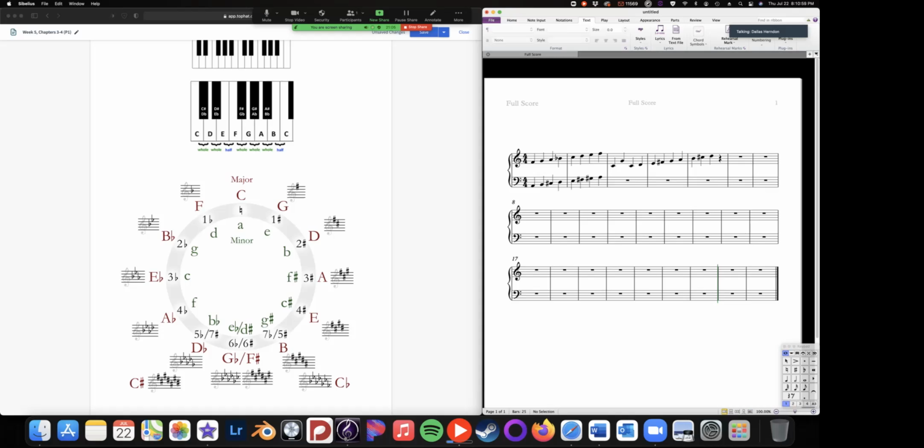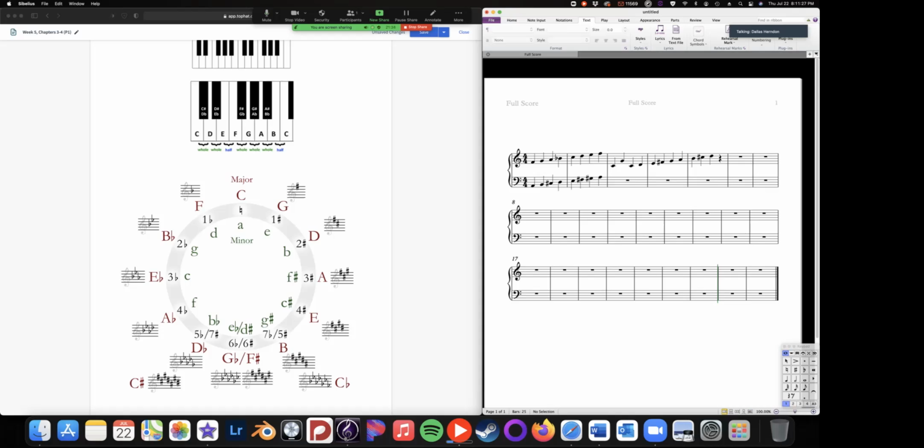C sharp should always be written on that third space there. G sharp should always be written on that space above the staff, and so on and so forth. So if you're not familiar with that, I would suggest becoming really familiar with it, memorizing it, whatever you need to do to know where each accidental should be written specifically, okay?